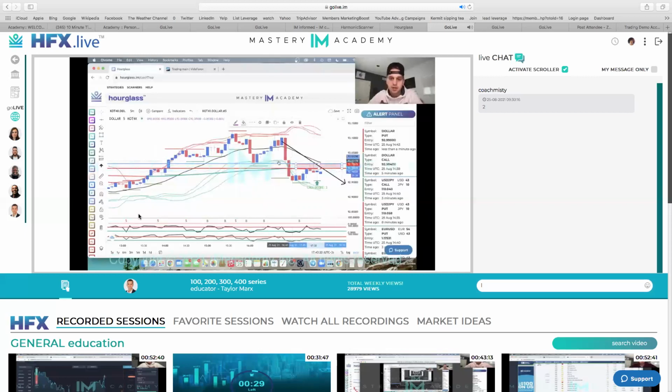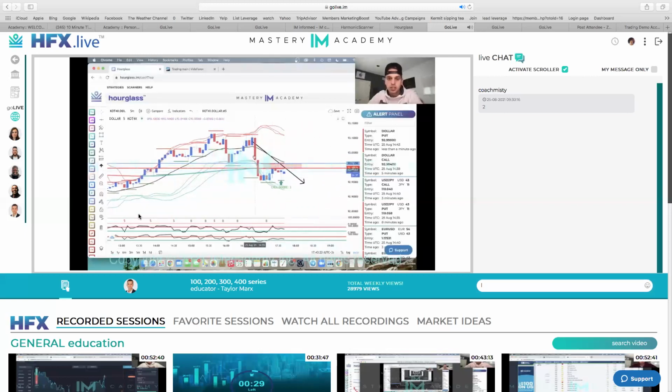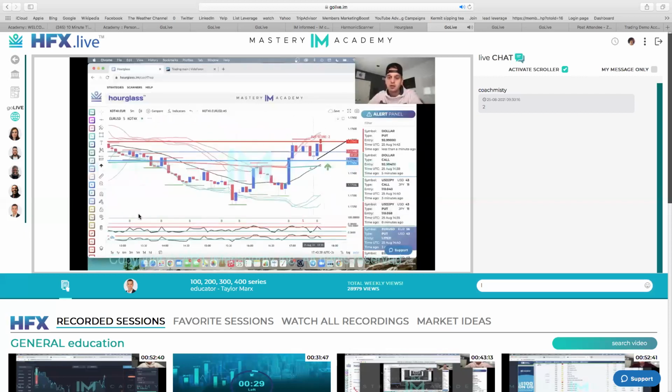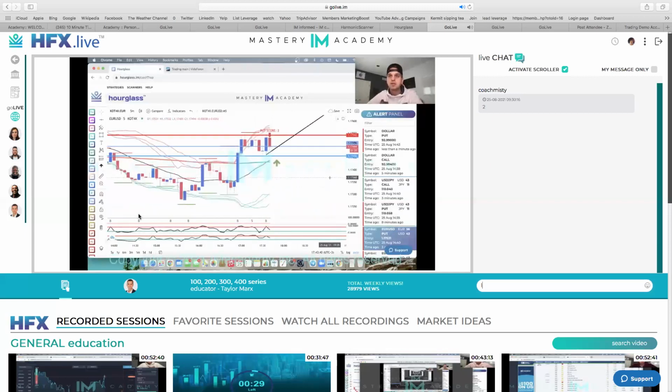So I'm going to put a little red box there. The dollar might gain a little bit of strength right now, but overall it loses its strength. Euro USD will go what? Up.